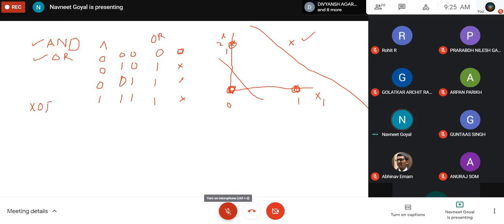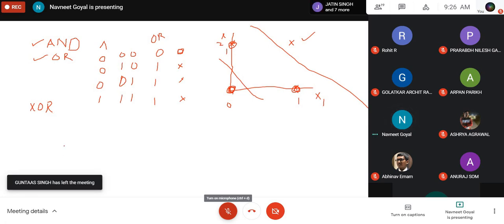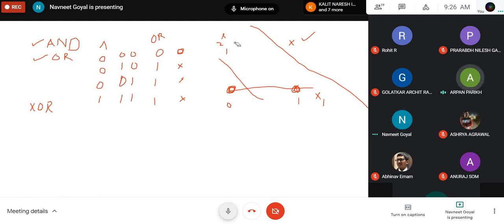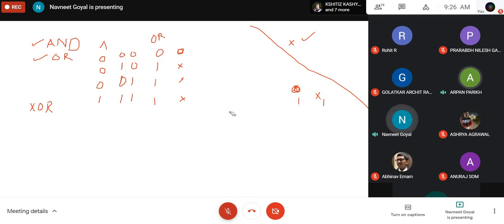Now let me talk about another gate, which is XOR. Do you know about XOR? If X and Y are different, we get a 1, otherwise 0.